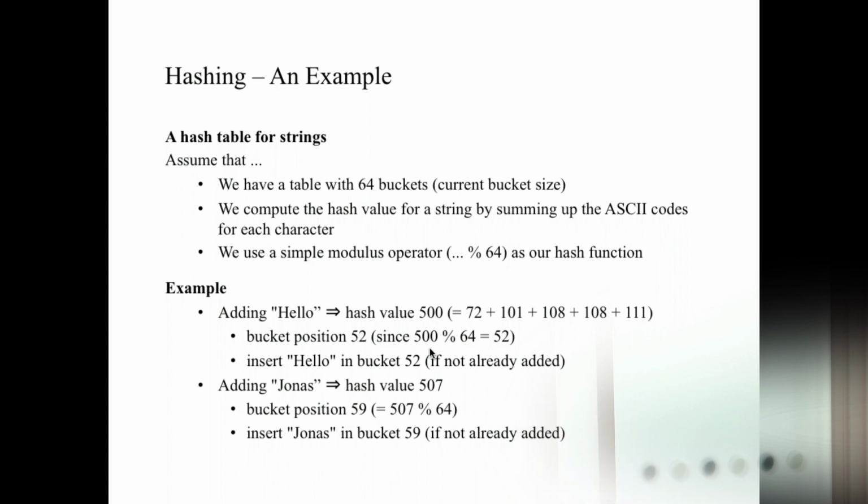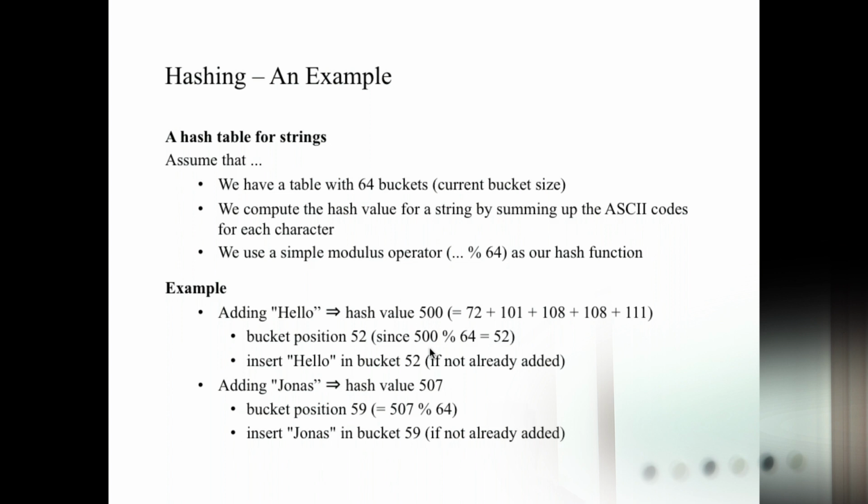So for example, we have the string hello, and we compute the sum of all the ASCII codes for all the letters. We know that the ASCII code for the capital H is 72, for the E is 101, for double L 108 each, plus the O, and this is the value we get, 500.